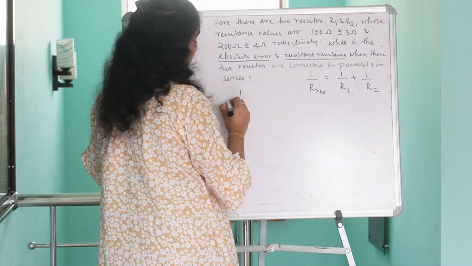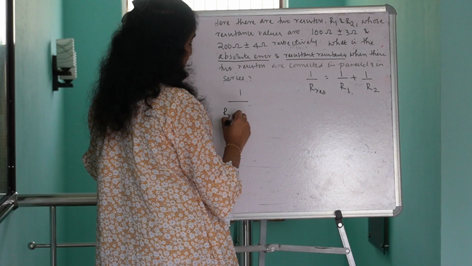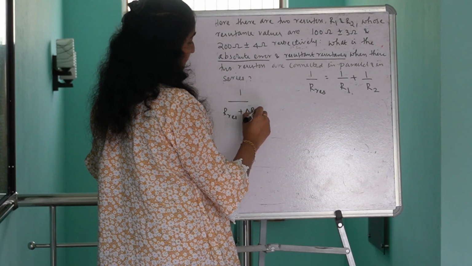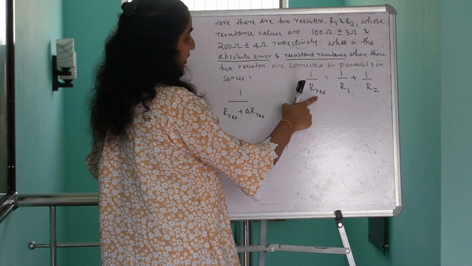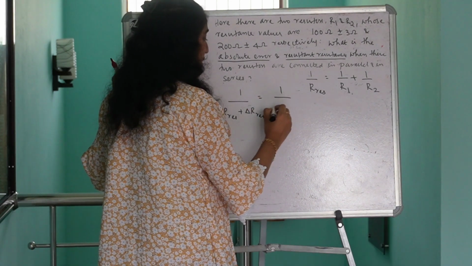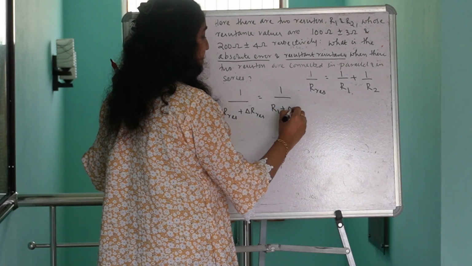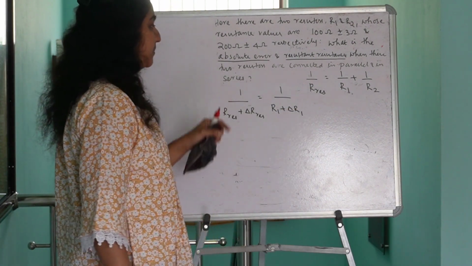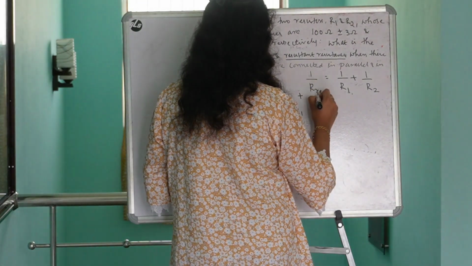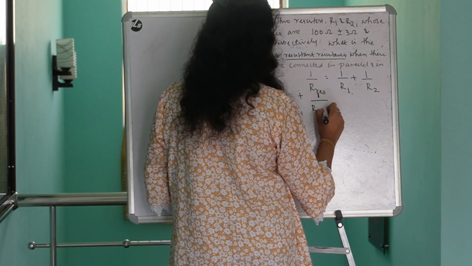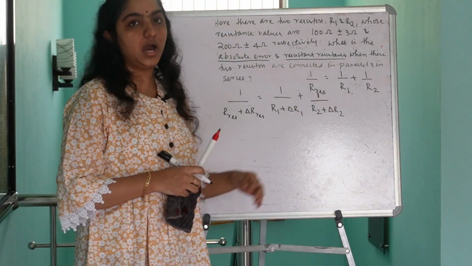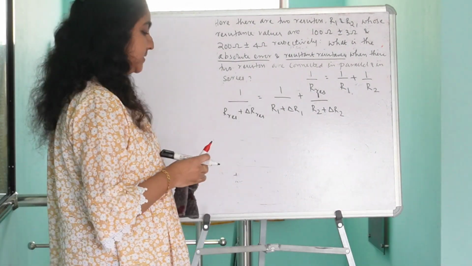So we can write this particular equation as 1 divided by R resultant plus del R resultant is equal to 1 divided by R1 plus del R1, plus 1 divided by R2 plus del R2. Is it clear, guys?